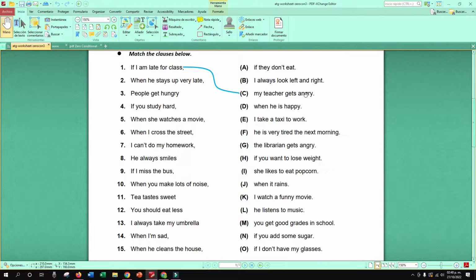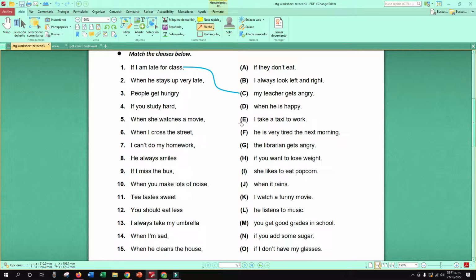So I want you to match the clauses, right, with the other part. Here you have A, B, C, D, E, F, etc. Let's do the second one, just to have it as an example. When he stays up very late, we can read the others. When he is happy, no, right?